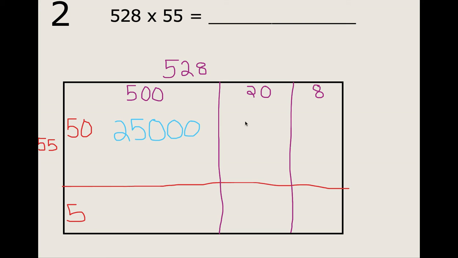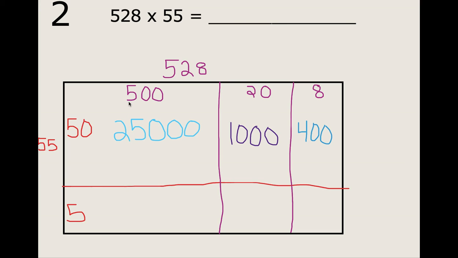Then we're going to move over to the second box next to our 25,000, and we have 20 times 50, take away these 2 zeros, 5 times 2 is 10, add the 2 zeros back in, and we get 1,000. Next, we're going to do 50 times 8. Once again, you can take away the 0. We know that 5 times 8 is 40, and then we add the 0, and that gives us 400.